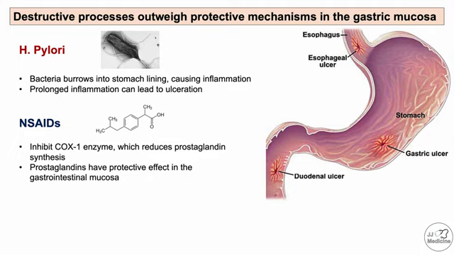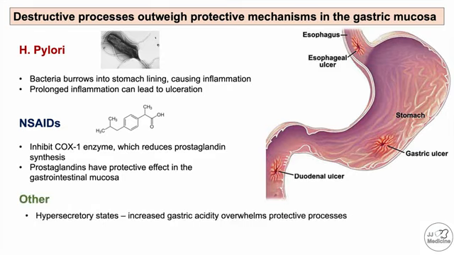So if you are reducing the production of prostaglandins by taking NSAIDs like ibuprofen for prolonged periods of time, you're going to reduce your protective mechanism. The destructive process is going to outcompete that protective mechanism. Some other important causes to note include the hypersecretory states like Zollinger-Ellison syndrome.